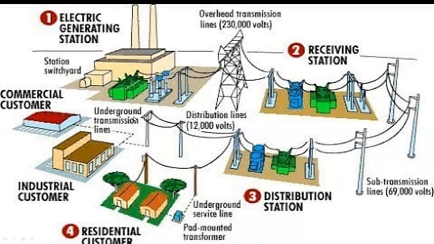And from then onwards, it is coming through underground or transmission lines to commercial customers, industrial customers, residential customers. So this is the very broad network of electricity that is coming from sources to consumers. Sources are electric generating stations, and in between we have the transmission and distribution lines. This is how it goes.